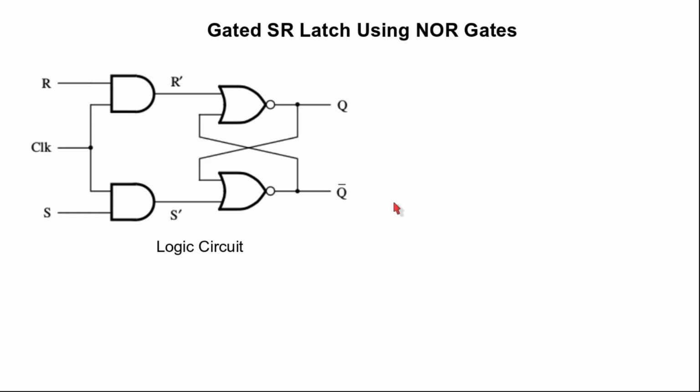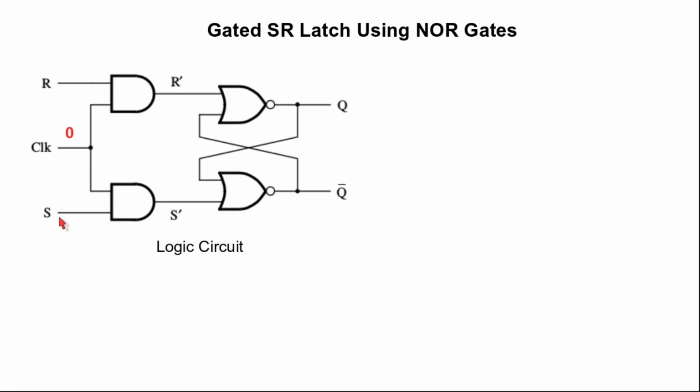Now let us look at the gated SR latch using NOR gates. So this is the logic circuit for the gated SR latch using NOR gate. Here we have the basic SR latch, and to that we connect two AND gates. We have a clock input. The clock input is connected to both the AND gates, and for one AND gate the other input is R, and for the other AND gate the other input is S. Now let's look at the behavior of this logic circuit.